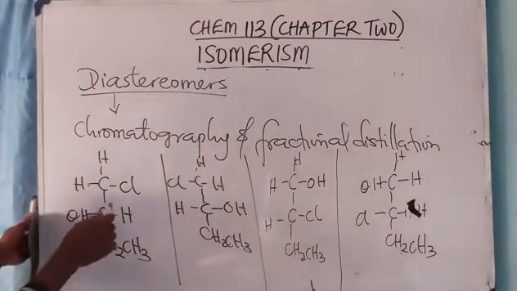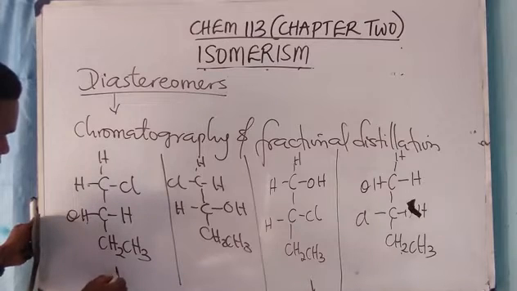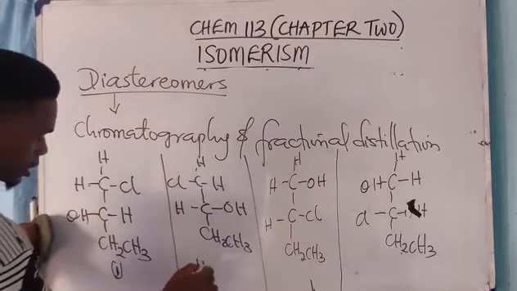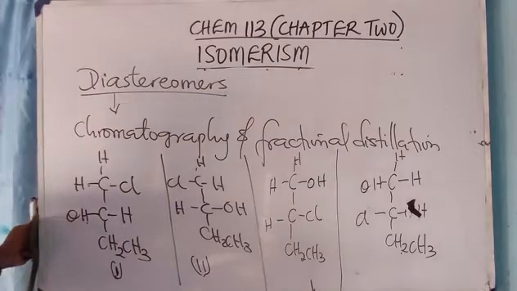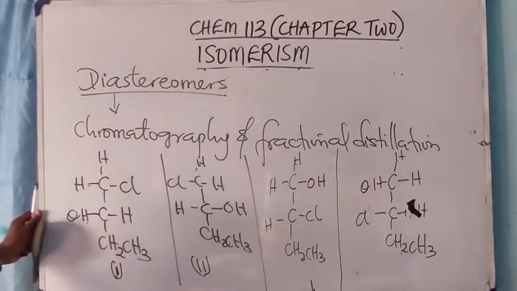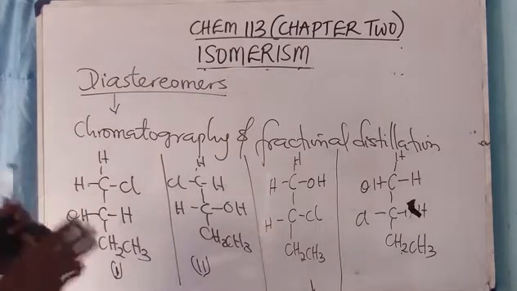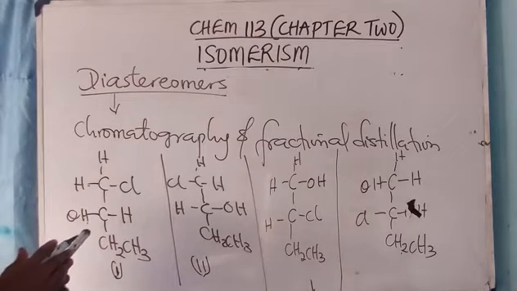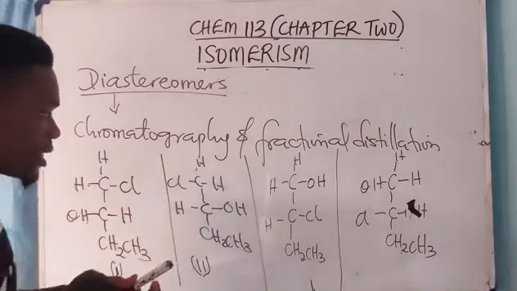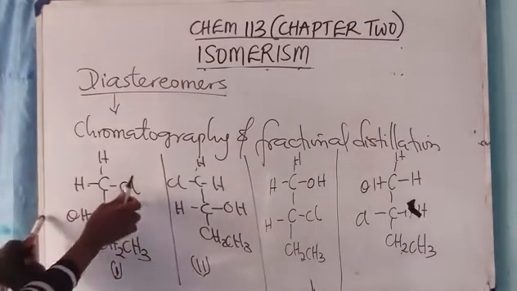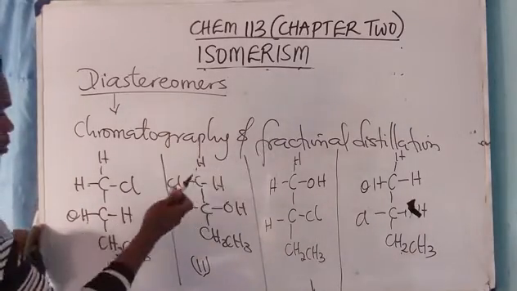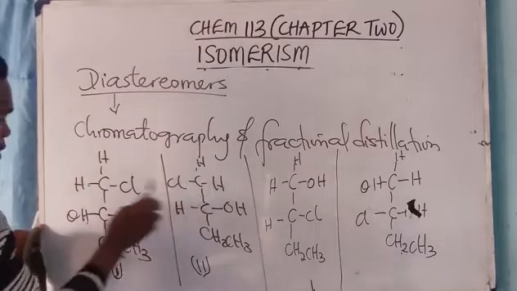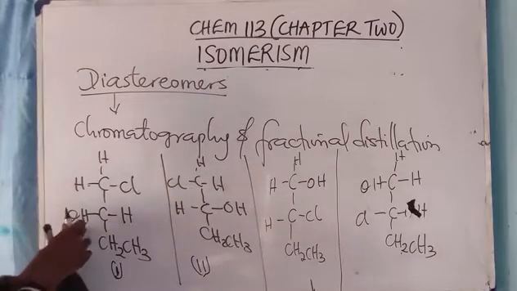Now, let's observe something. Now, look at it here. This Roman figure 1 and 2, they have what? They are enantiomers because they are able to rotate plane polarized what? Light. Which means that whatever you have on the right hand side must not be on the left hand side. Initially it was on the right, but it has now turned to the what? Left. It was on the left, it has now turned to the what?